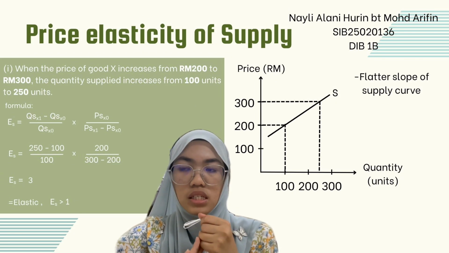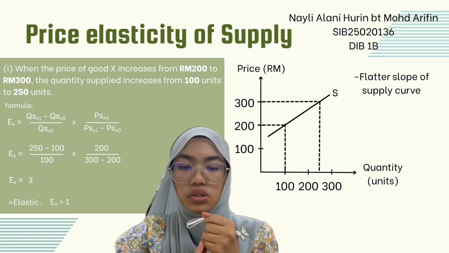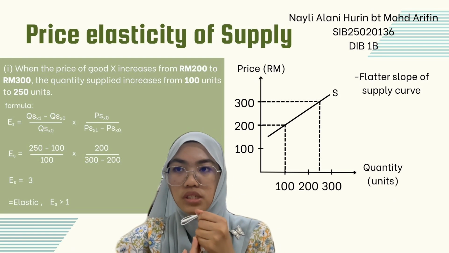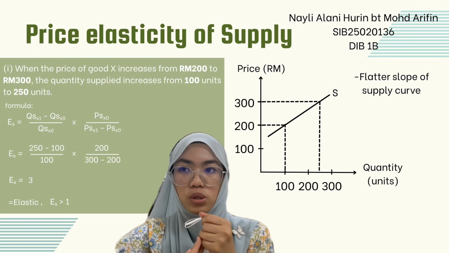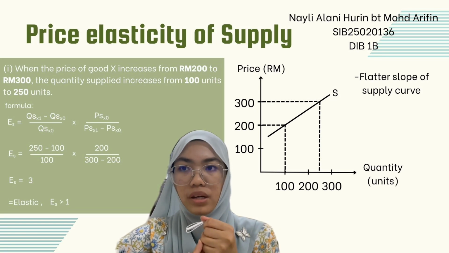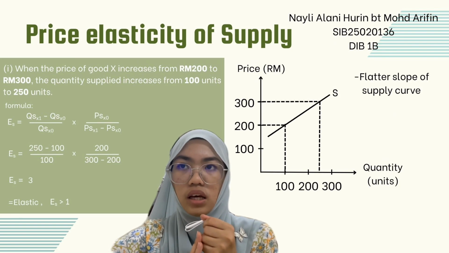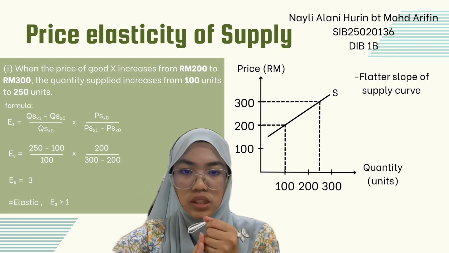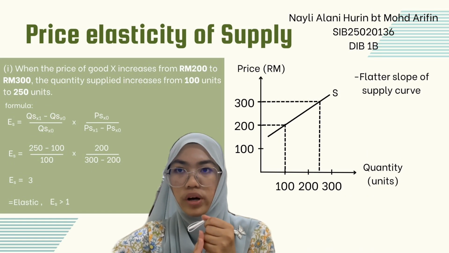The formula is Q1 minus Q0 divided by Q0 times P0 divided by P1 minus P0. 250 units for Q1 minus 100 for Q0 divided by 100 times 200 for P0 divided by 300 for P1 minus 200. We will get 3 for the elasticity, and the degree of price elasticity of supply is elastic, which happens when the elasticity is above 1.